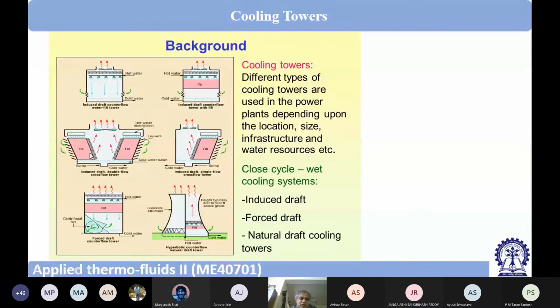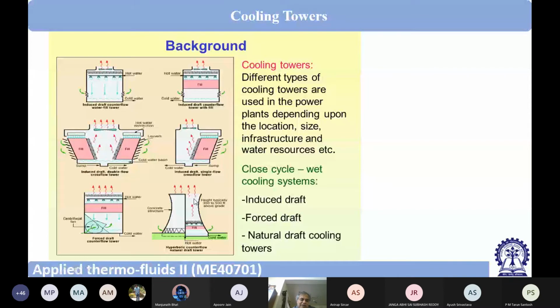So this is cross flow, this is cross flow, this is counter flow, this is counter flow, this is counter flow, and this is also counter flow. Either there could be cross flow or counter flow. So these are the different types of cooling tower which we have. In a power plant, generally we use either this counter current with fill, or this cross flow kind of cooling tower, or this natural draft kind of cooling tower.